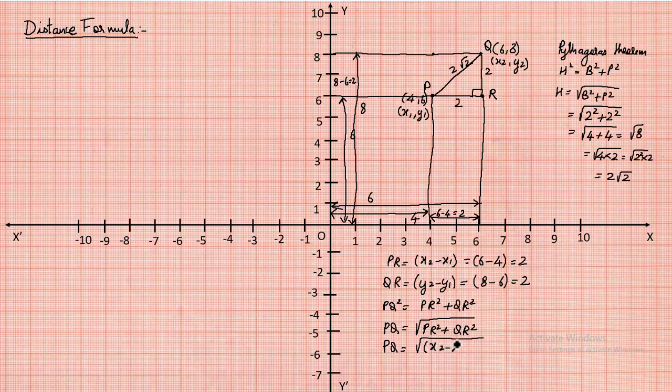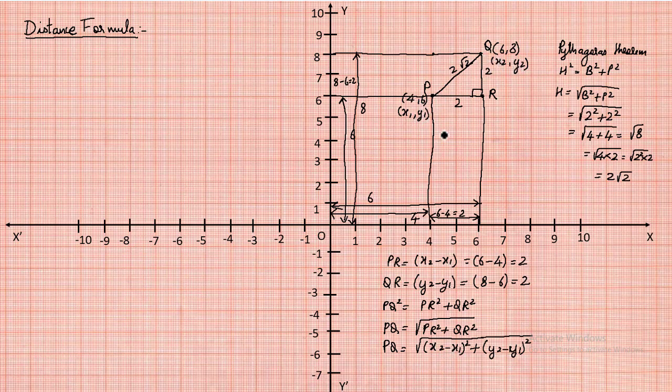So x2 minus x1 the whole square plus QR value can be written as y2 minus y1. Okay, so y2 minus y1 the whole square. So this gives us the distance formula to find out the distance between any two points P and Q given the coordinates x1, y1 and x2, y2 of the two points.